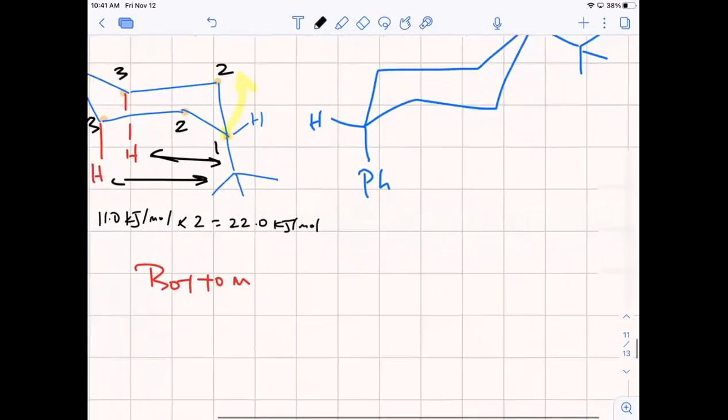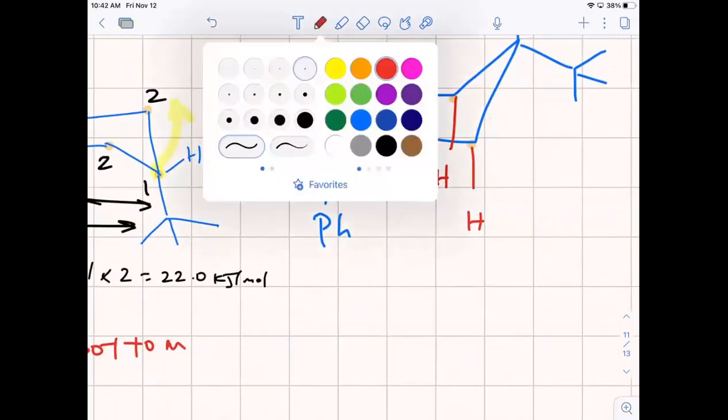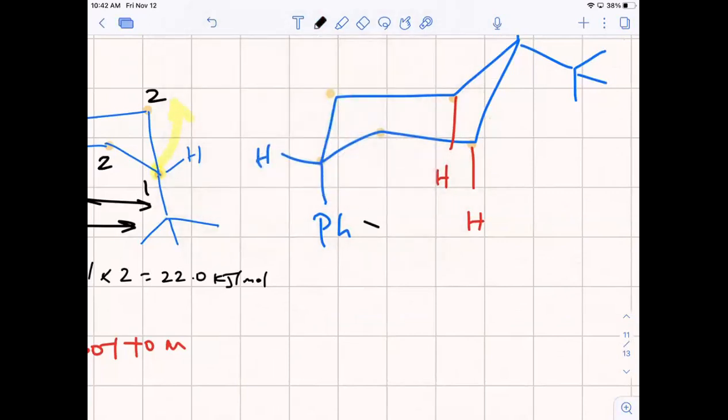Just like the same thing over here. Your other axial sites are going to be here and here. Yeah, I guess three axial sites on the bottom and three on the top. Right, so now we're going to have interactions between these hydrogens and this phenyl group.